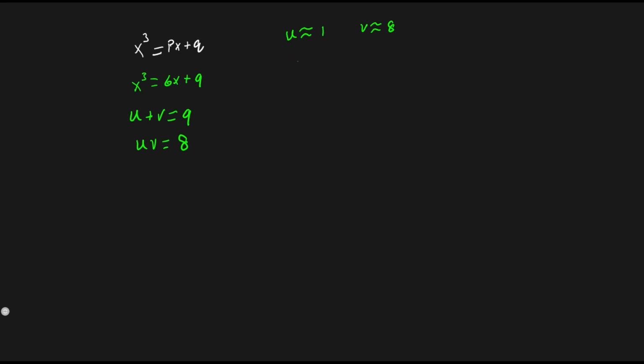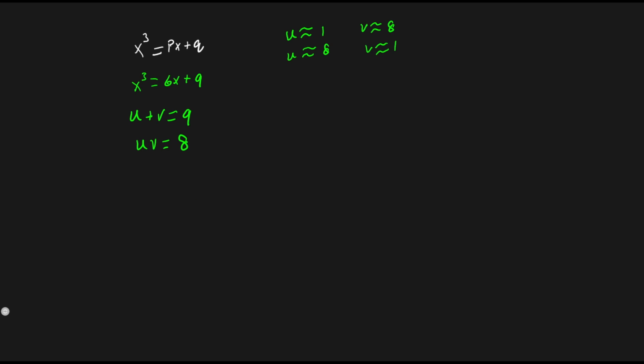And we could say the same thing for u being 8 and v being 1. So we have possible candidate solutions, basing that 1 plus 8 is equal to 9 and 1 times 8 is equal to 8, which satisfies the condition, but we want to see if it will satisfy our cubic.